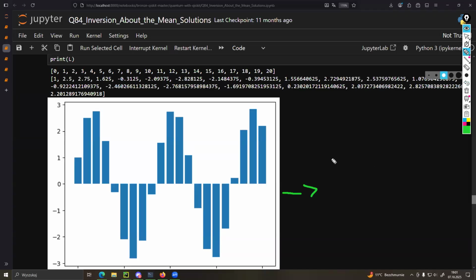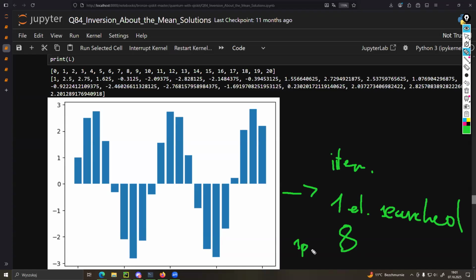So these are some iterations for one element searched in a space of 8 elements. So recall dice, 8-sided dice from Dungeons and Dragons, pretty much, right? Space of 8 elements.